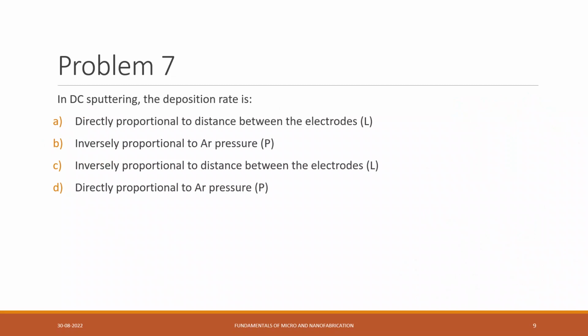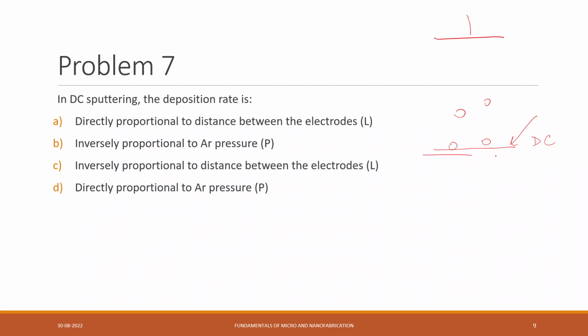So we also discussed DC sputtering. By sputtering, we mean that we are knocking off atoms. Just for a recall, sputtering is something where we knock off the atoms by having a DC bias.